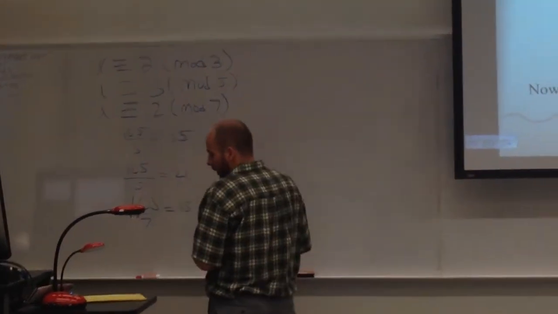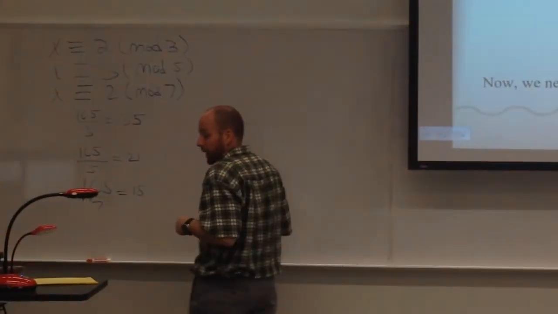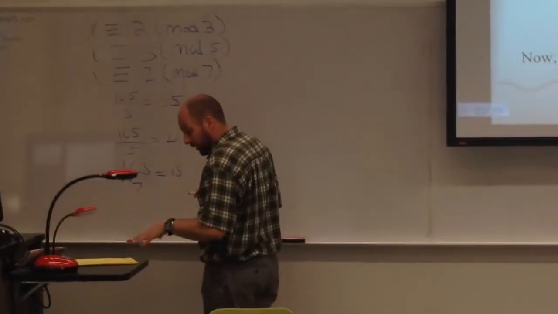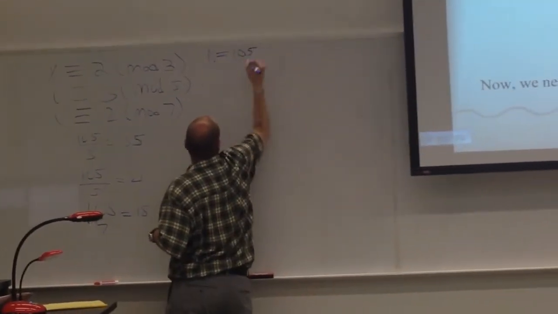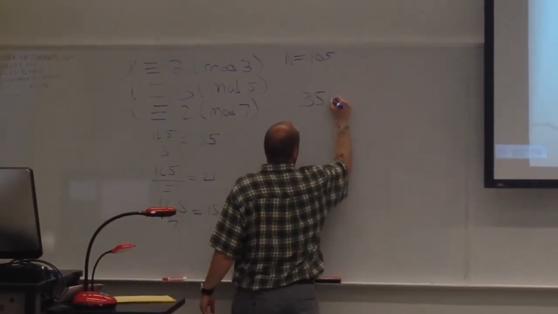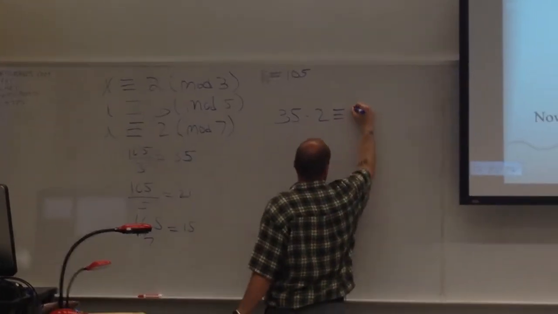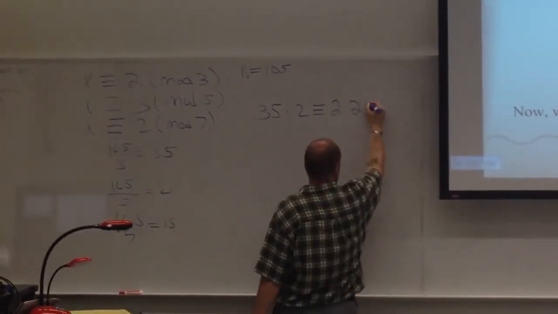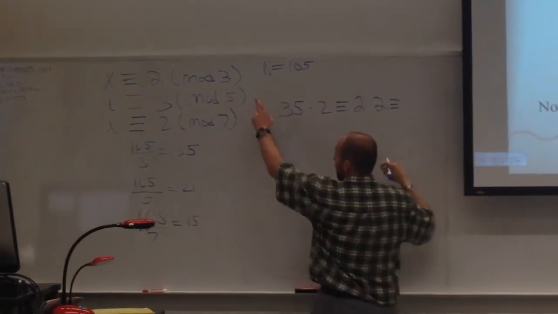So we see that 2 is an inverse of N over 3. We can write this as N over 3 equals 35, because remember that N is equal to 105. So we can write this as 35 times 2, that unique inverse, is congruent to 2 times 2, which, in our definition, is congruent to 1 mod the modulus.